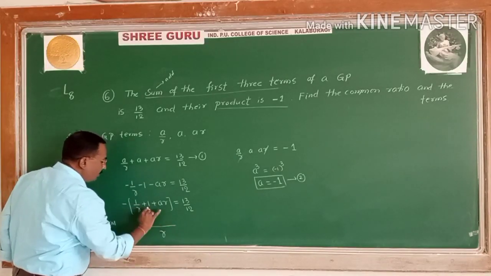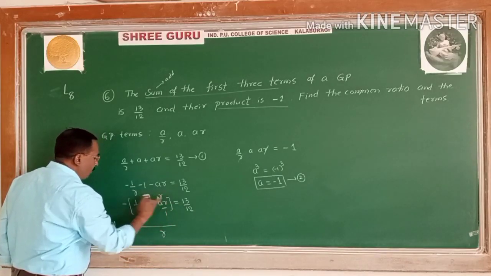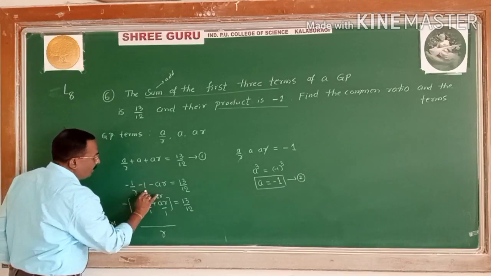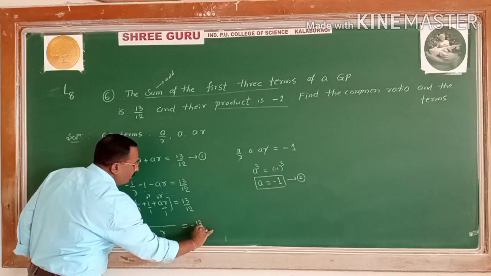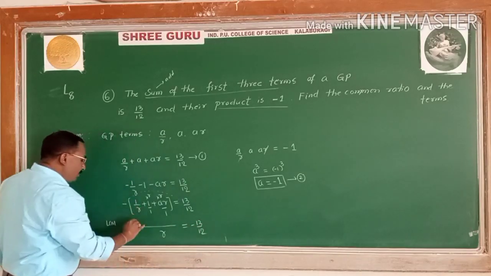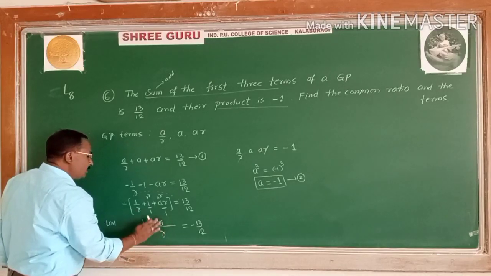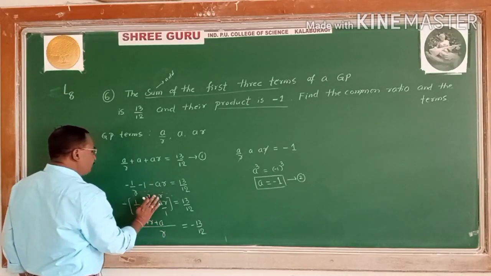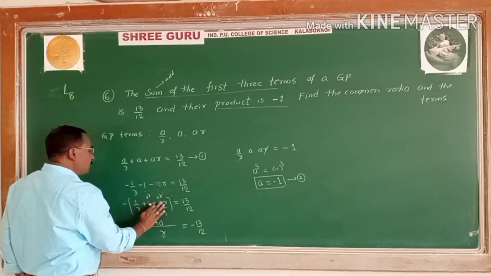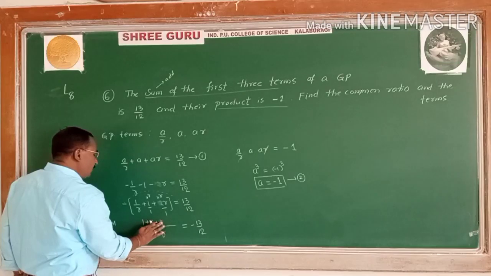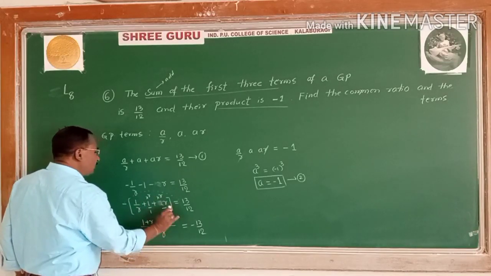R. Minus take at right, minus 13 by 12. 1 plus R plus AR. A value is minus 1. Sorry, A value is minus 1. That is R square. Understood?